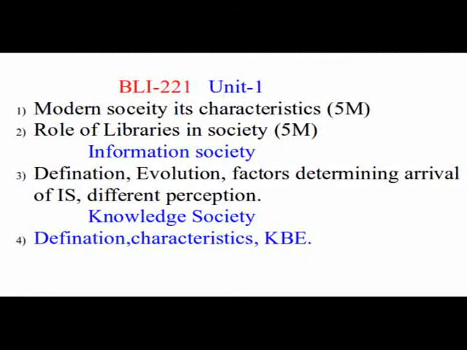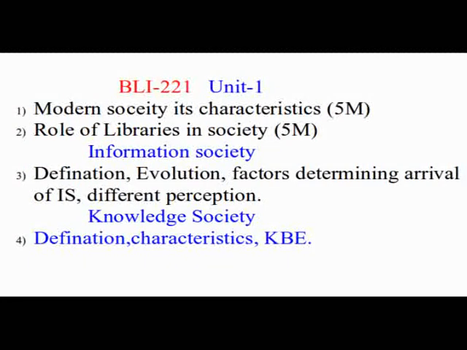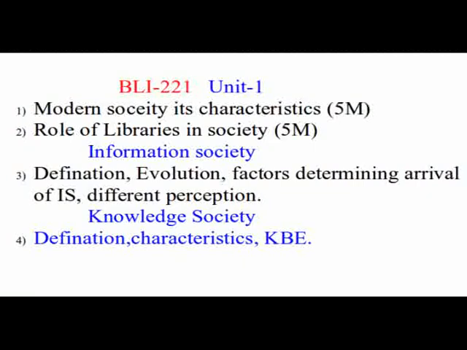First, unit 1. In unit 1, the modern society and its characteristics will be asked for 5 marks, and the role of libraries in the society may be for 5 marks. Next, the information society. You should know the definition, the evolution of the information society, the factors that determine the arrival of the information society, and the different perceptions of the information society, maybe for 10 marks or 5 marks.